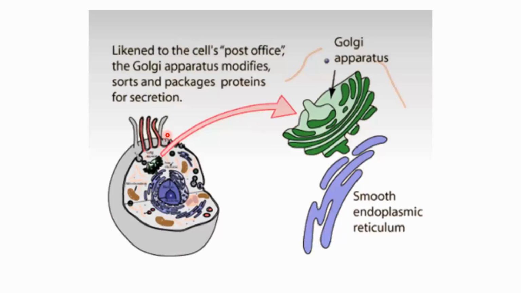Just like a post office sorts our materials, deciding which is to be delivered where, the same happens inside the cell. So this is done by the Golgi complex, the cell's post office, which modifies, sorts and packages proteins for secretion and decides the fate of each protein.